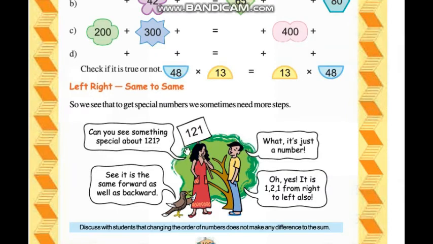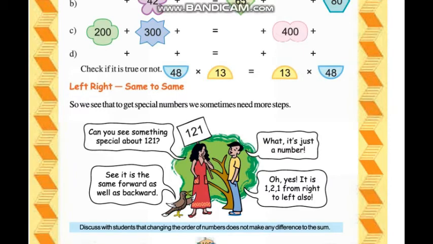Forward means 1 2 1, as well as backward from here 1 2 1. Oh yes, it is 1 2 1 from right to left also. From both sides we can read it the same.